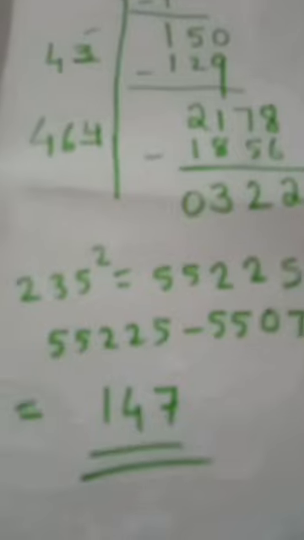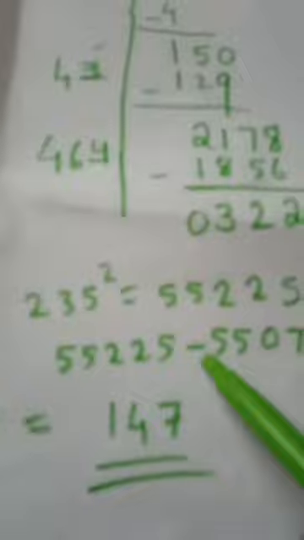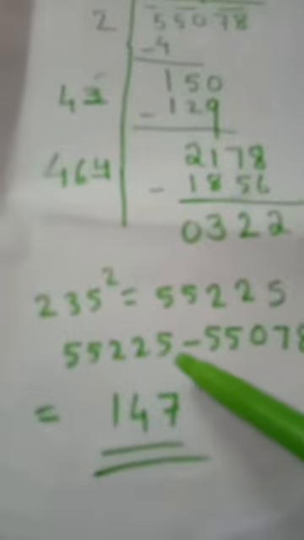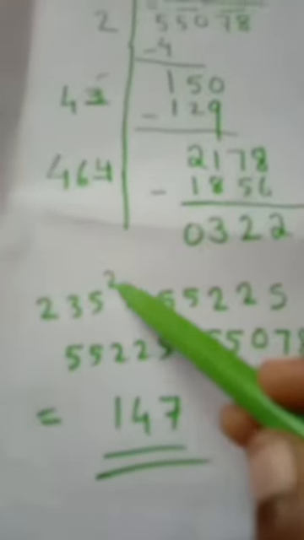Okay. So what should be added to this 55,078 to get 55,225? How to do? Okay, here 55,225 minus this 55,078 you do. 55,225 is 235 square. That number minus this number, you will get what number should be added.